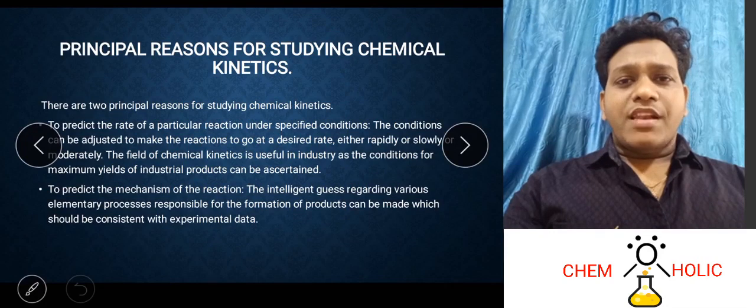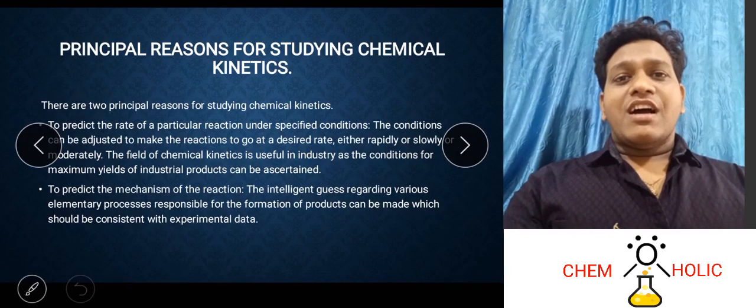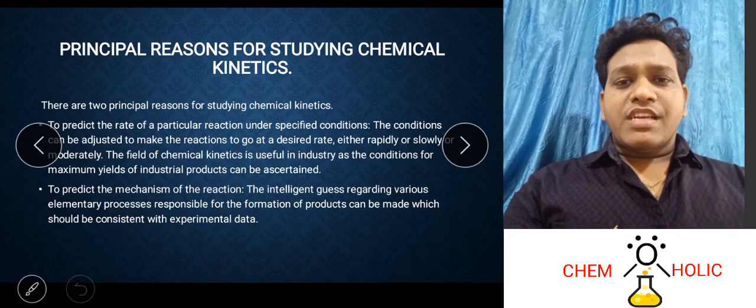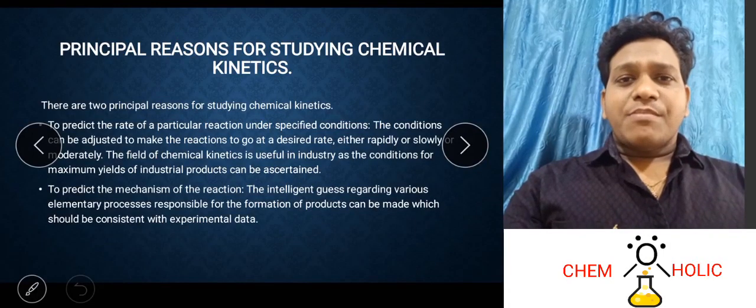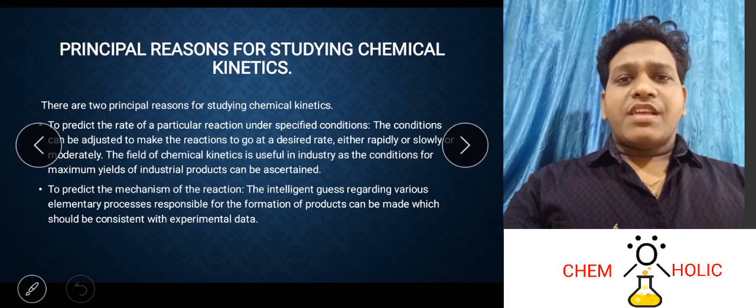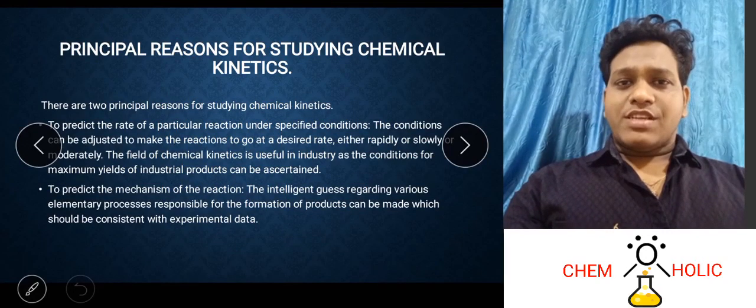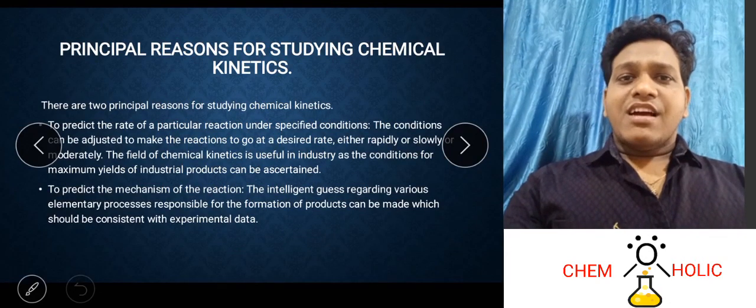For example, the explosion of fireworks and the formation of a precipitate are very fast reactions. Other reactions take time, like making of curd and ripening of fruits, which take too much time to happen. So we can say these are very slow reactions.